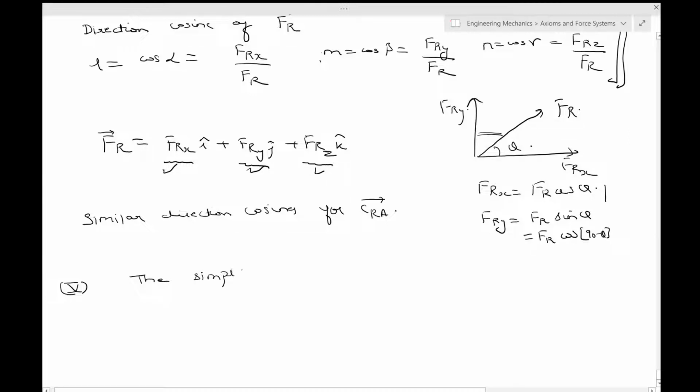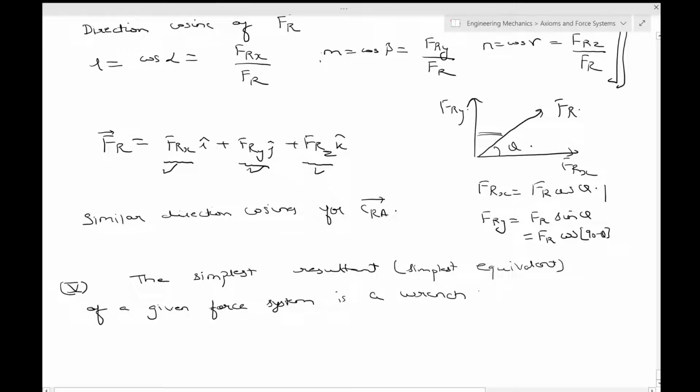The simplest resultant, or simplest equivalent of a given force system, is a wrench.